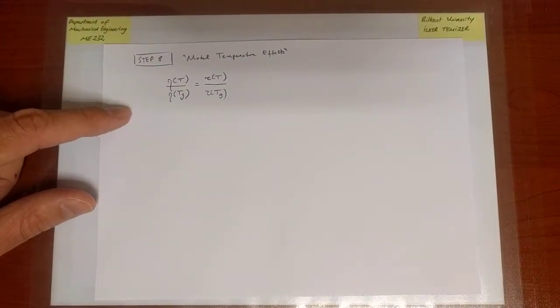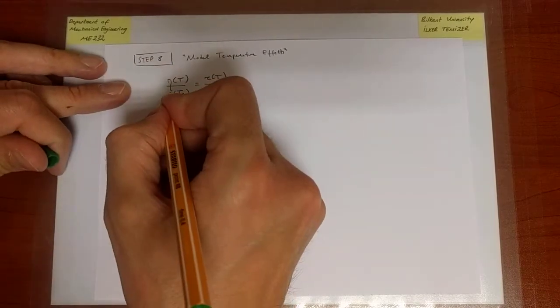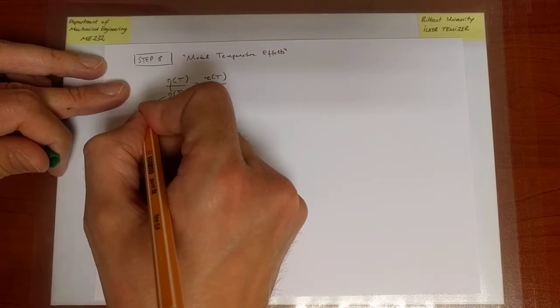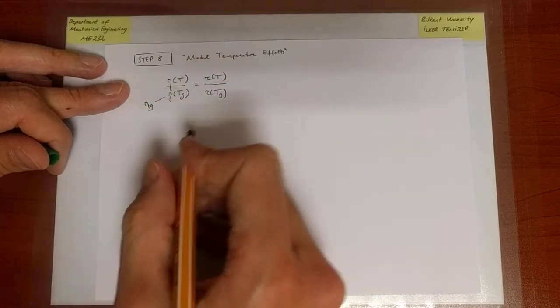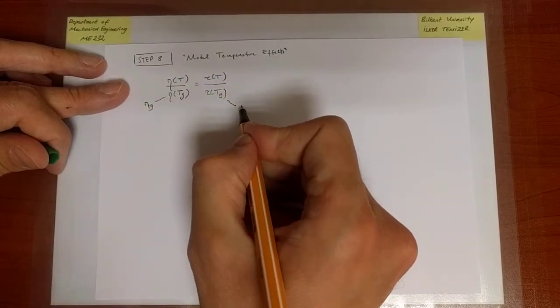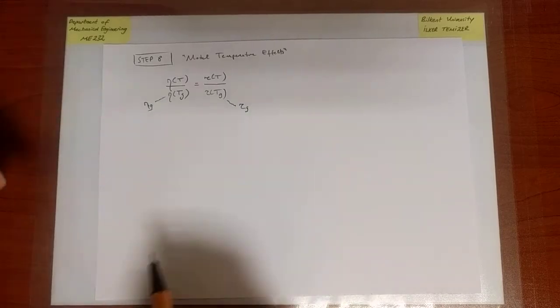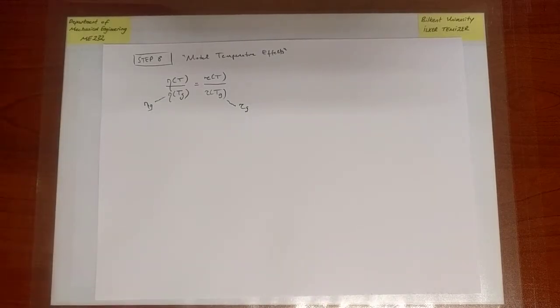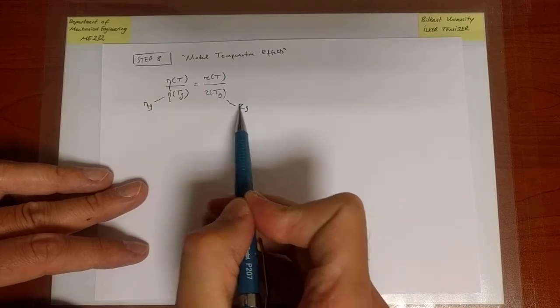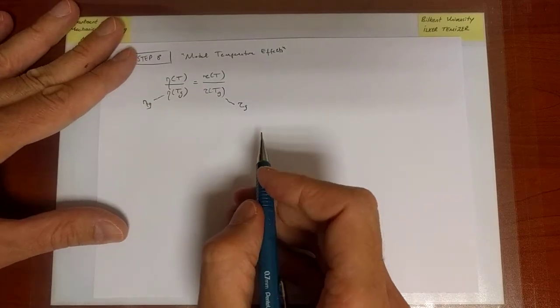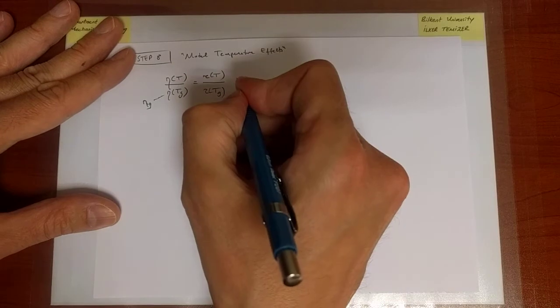Now in this picture, by the way, eta of Tg, let's call that eta G, and tau of Tg we can call tau G, the value of the relaxation time at the glass transition temperature. If Tg is a material property, then tau G also is. So now these are functions of time.